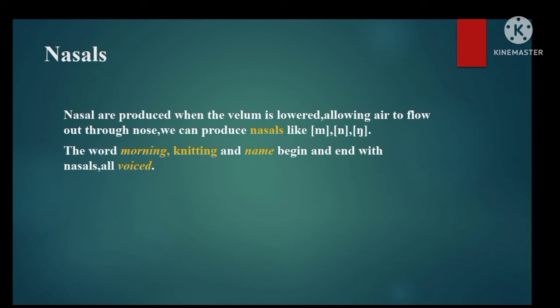When we produce the sounds which pass through the oral cavity, our nasal cavity is blocked by the velum. But on the contrary, when you produce the nasal sound, the oral cavity is almost blocked by the velum.